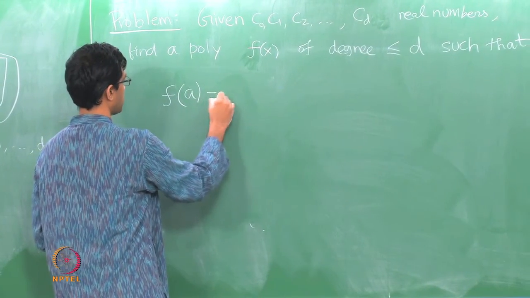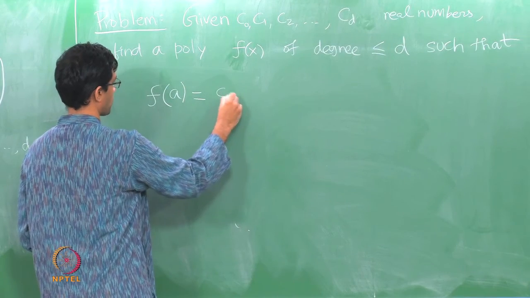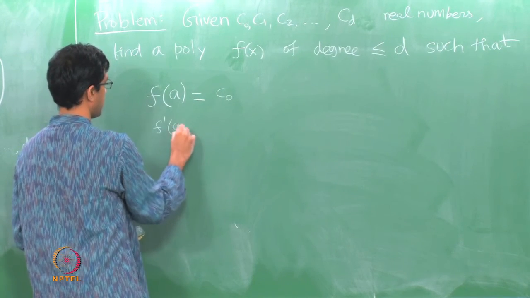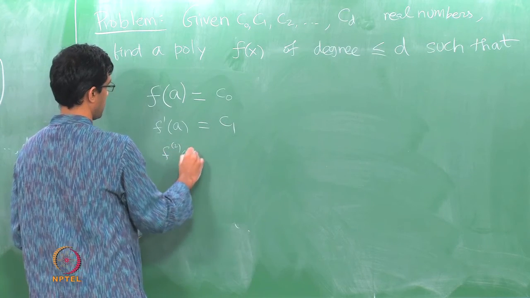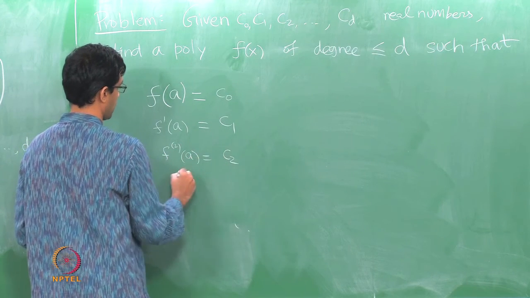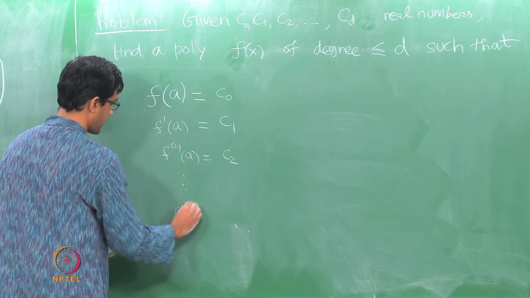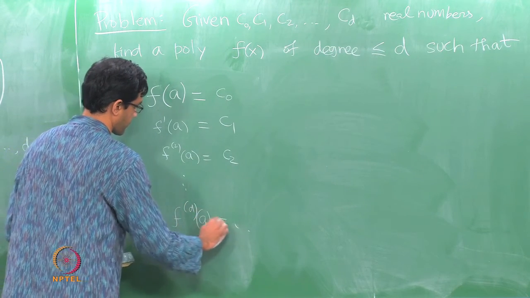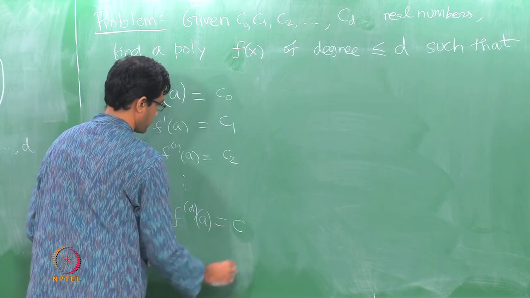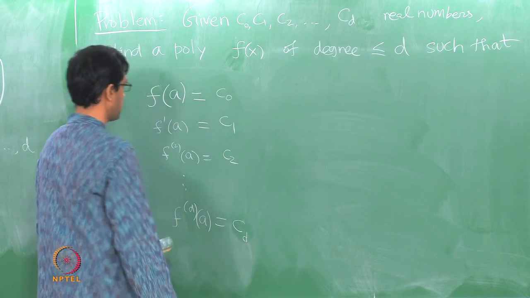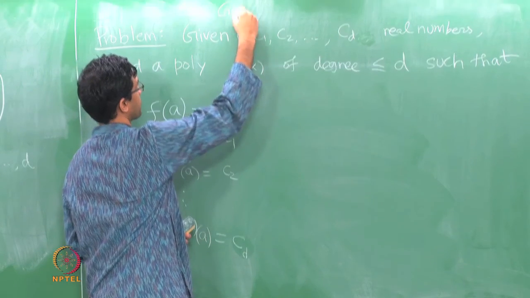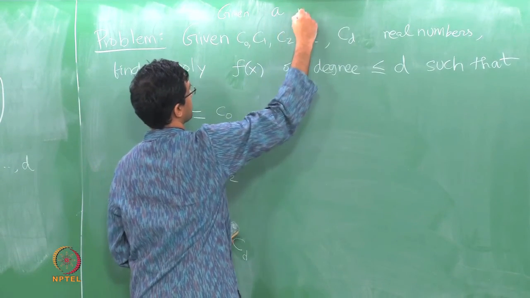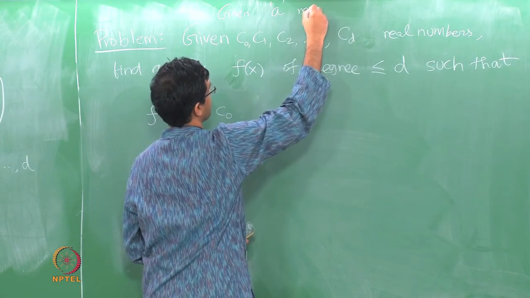The evaluation of f at a gives you c0, the first derivative at a gives you c1, the second derivative at a gives you c2, and so on till the dth derivative at a gives you the number cd, where a is some given real number.